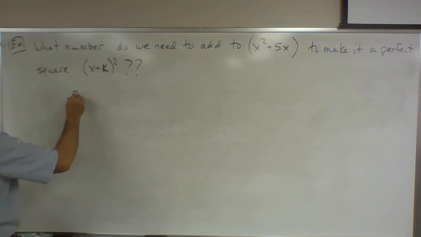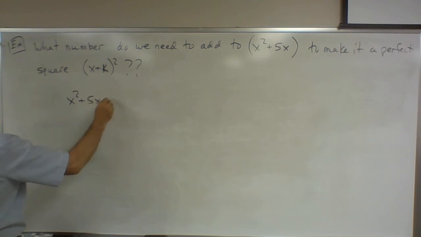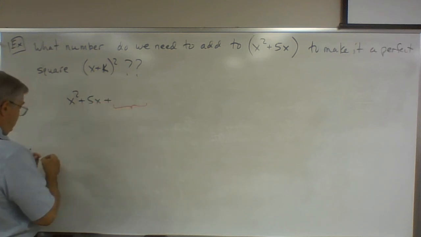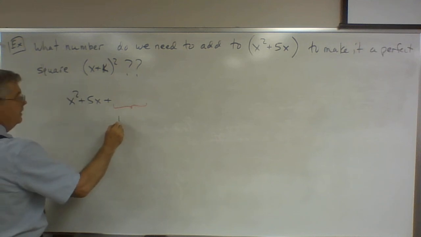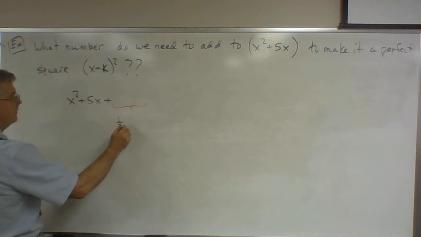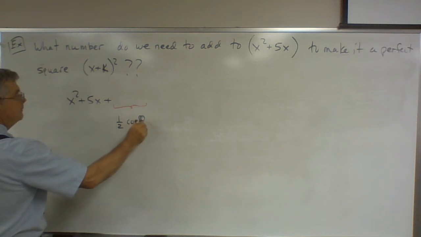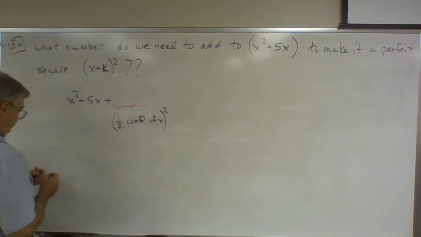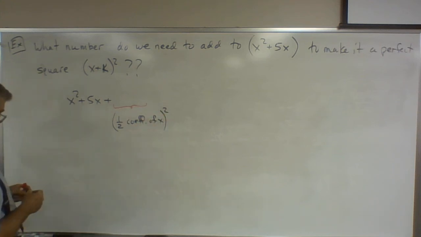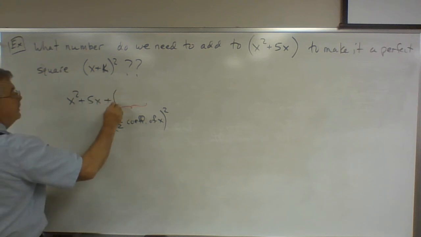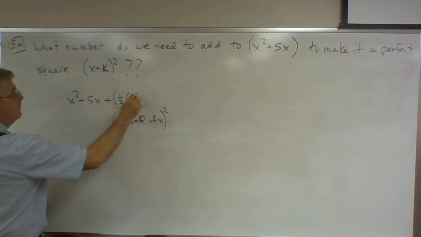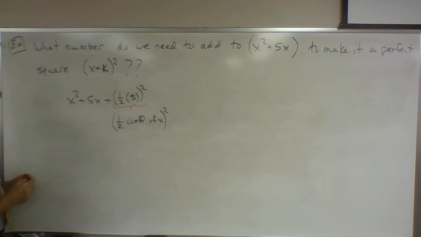Here's what we do. If this really is of the form x plus k squared, then what goes here is 1/2 the coefficient of x, squared. So it should be 1/2 times 5, squared.